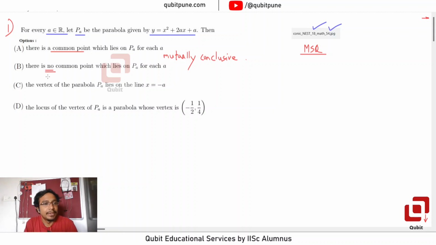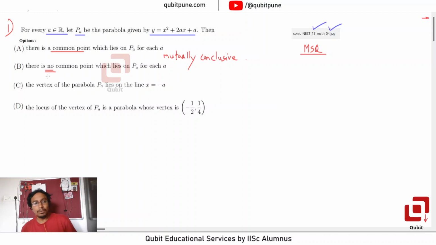Option C, the vertex of the parabola PA lies on the line x equal to negative a. That's the vertical line. And D, the locus of the vertex of parabola PA is a parabola whose vertex is negative 1 upon 2 comma 1 upon 4. Now for C and D we have to deal with them independently. Let us start with options A and B.